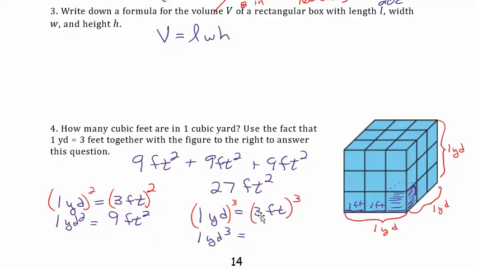So 3 times 3 times 3 is 27. And feet times feet times feet is cubic feet. So this is how we could come up with this conversion factor by cubing both sides, but hopefully you could also visualize that 27 cubic feet are required to make 1 cubic yard.